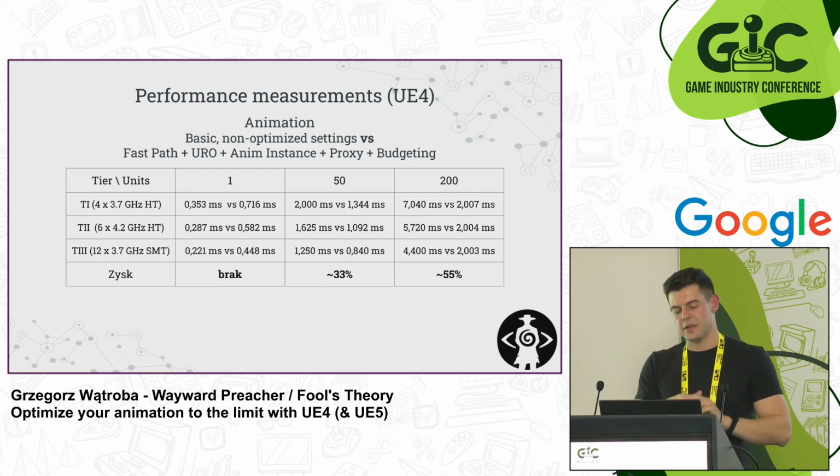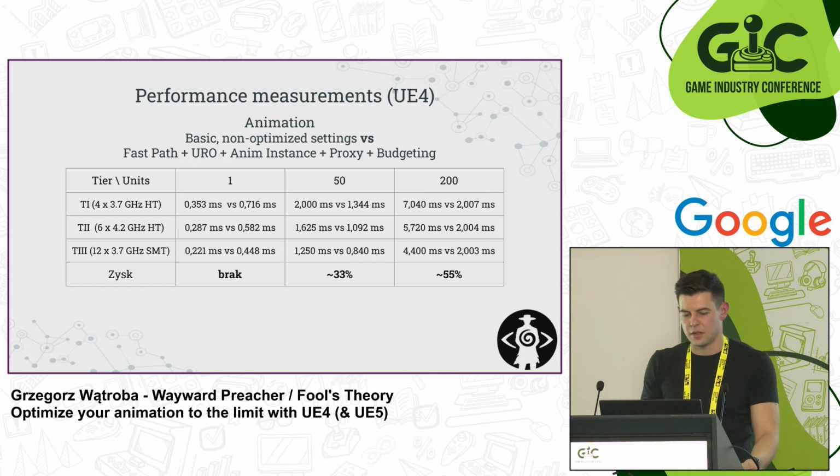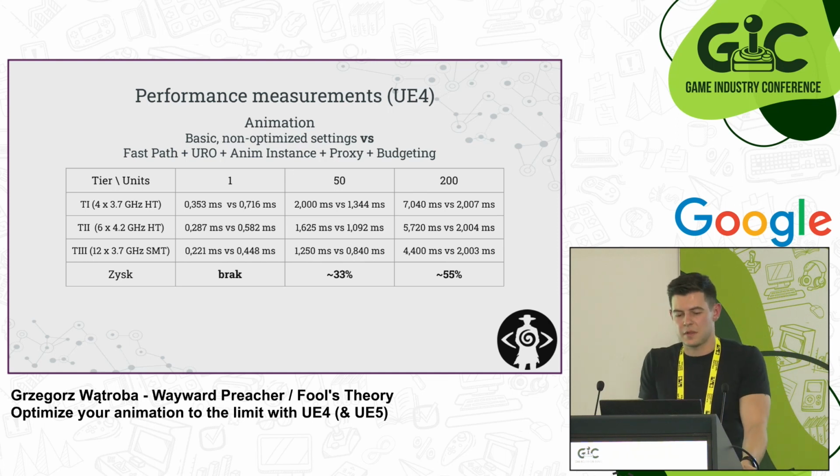Looks great, and through that you can see that if we wouldn't use this optimization technique, we would have at least 2 times bigger animation instance update cost. So we have like 55% performance gain here.